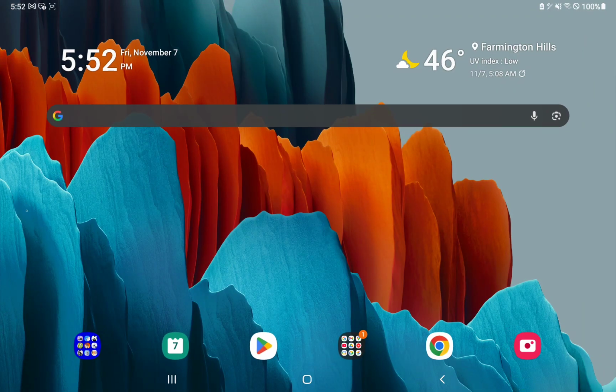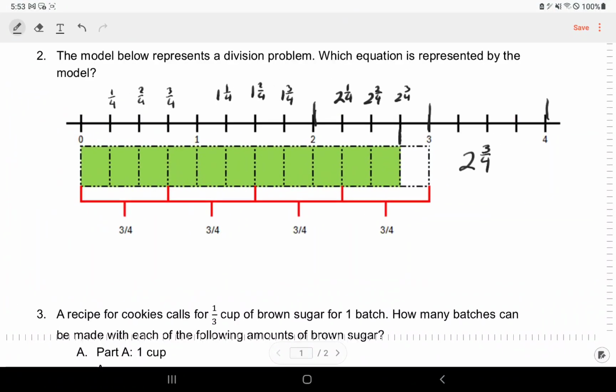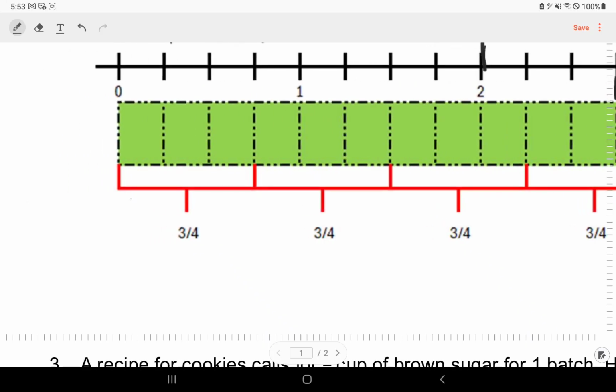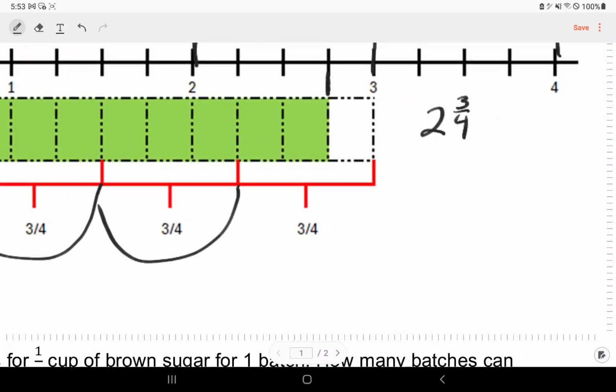Now, we can see that we are breaking it into groups of 3/4. And 3/4, and 3/4. So that means we're dividing it into 3/4, because that's our group size, 3/4.